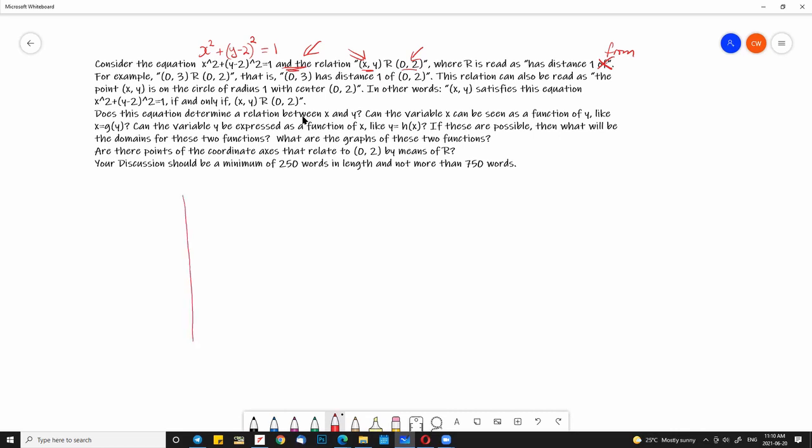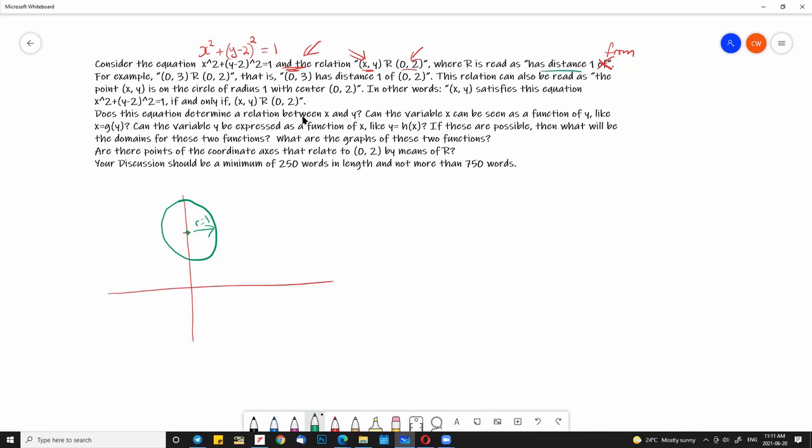So this is the Cartesian plane, and this is (0, 2). Then the relation is really just defining a circle about (0, 2) with radius 1.